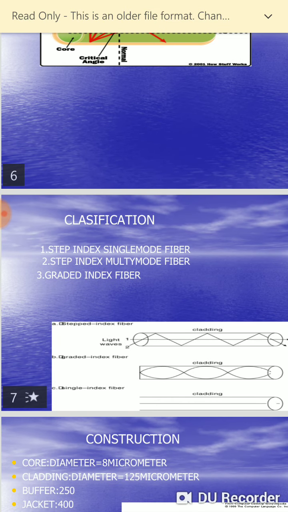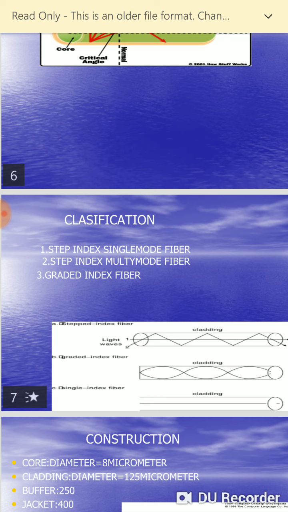Next, classification of optical fiber. It is mainly classified as step index single mode fiber, step index multimode fiber, and graded index fibers. There are different types of fibers based on the criteria we choose for classification.